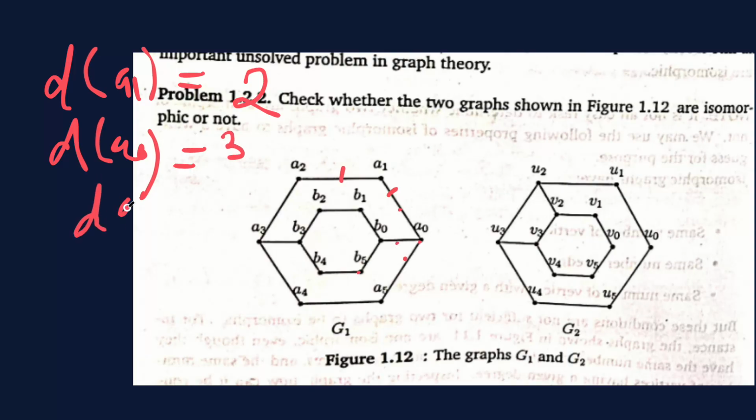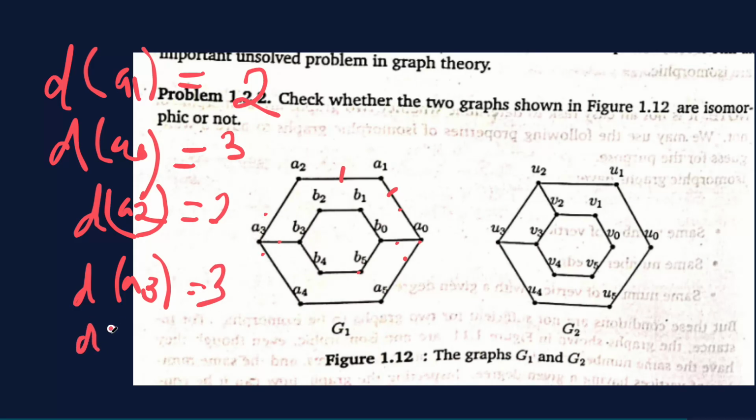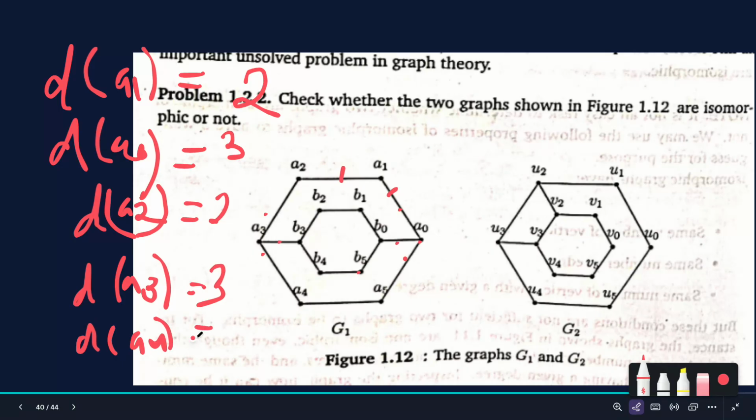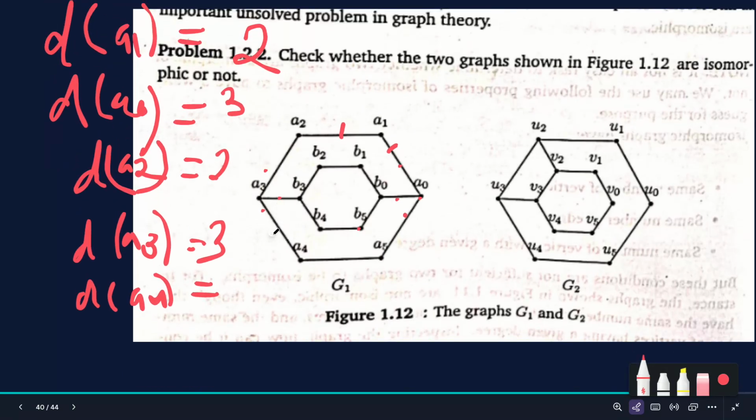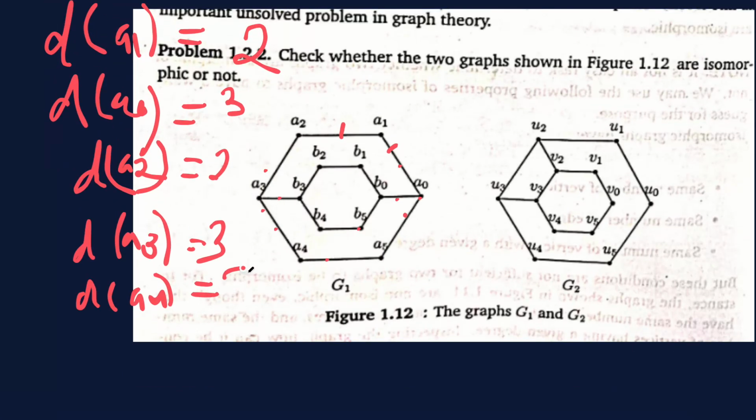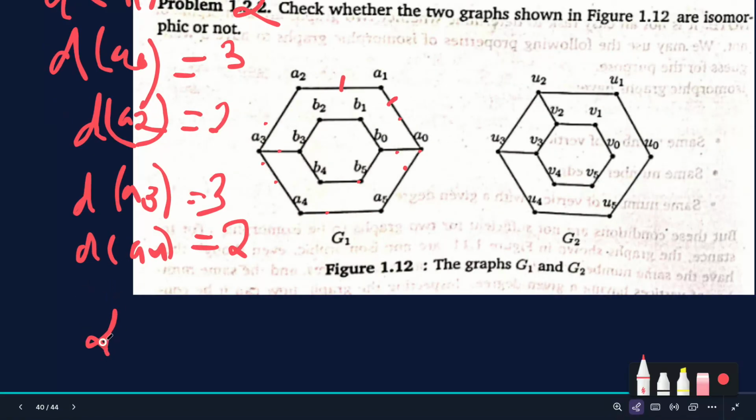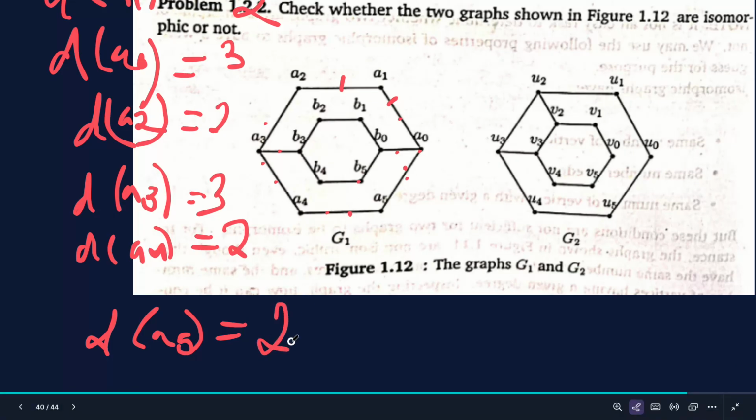Now the degree of A2 is 2. The degree of A3 is 3. The degree of A4 is 2. The degree of A5 is 2. Fine.